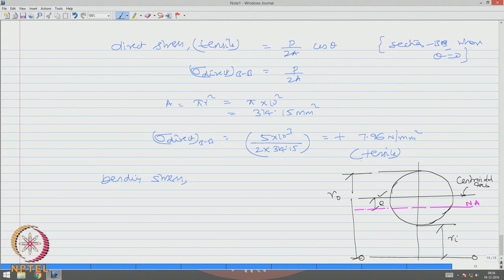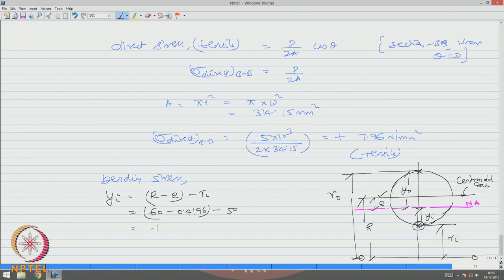I want to know the distance of the innermost fiber and outermost fiber. So, I call this y I, inner, and this y outer. So, obviously, y inner will be, we know that this value is R. So, R minus E minus R I. Let us substitute all of them, 60 minus 0.4196 minus 50.